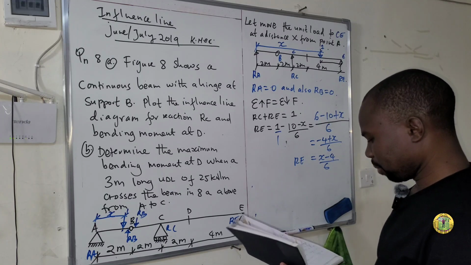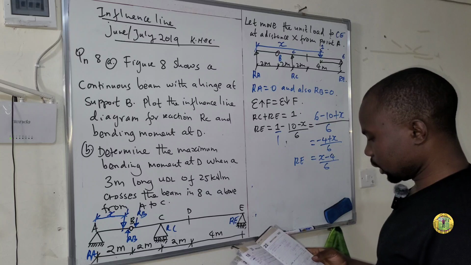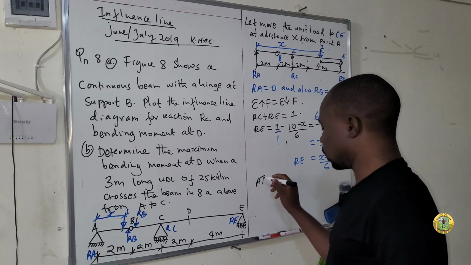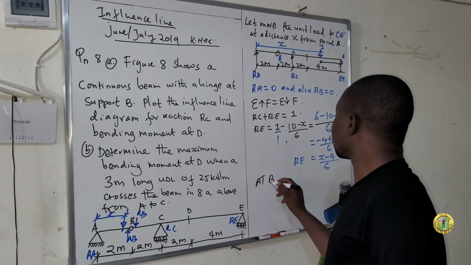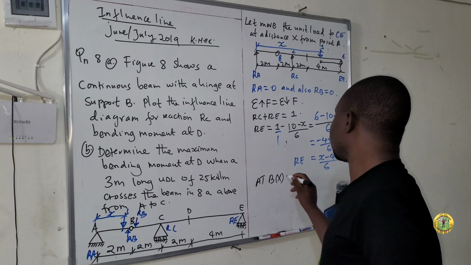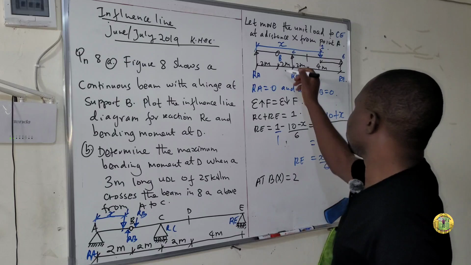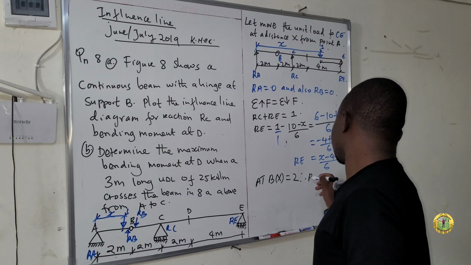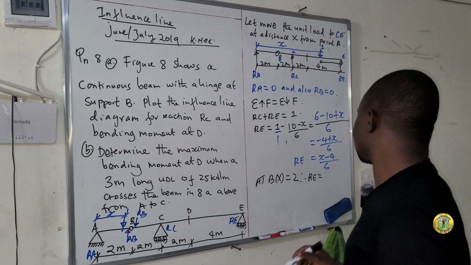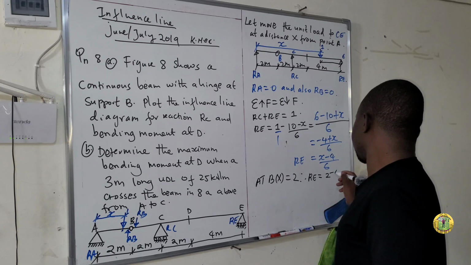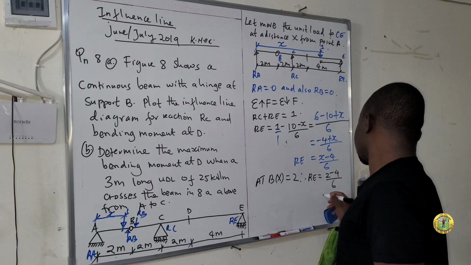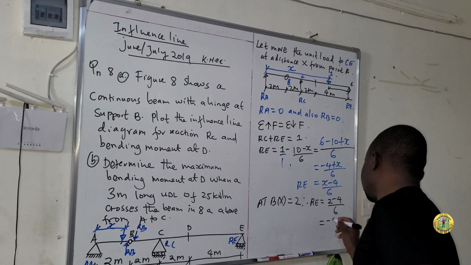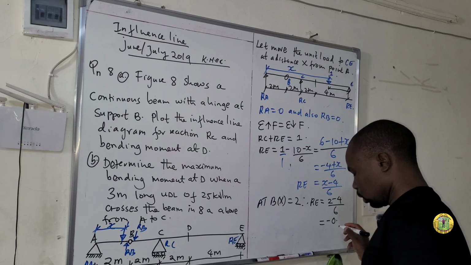Again, you want now to calculate the ordinate for RE. So at B, x is equal to 2. So therefore, RE is equal to 2 minus 4 all over 6. So this one is equal to negative 0.33.